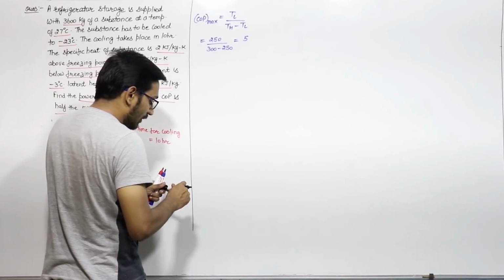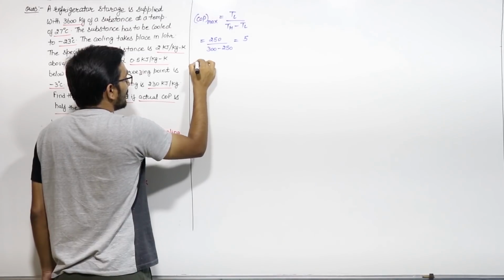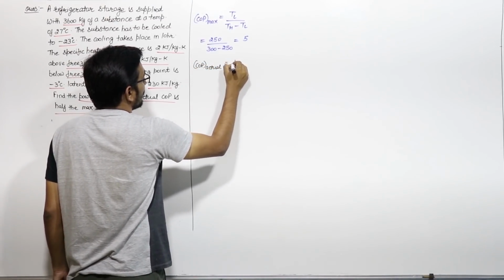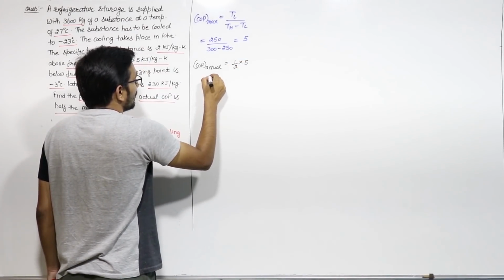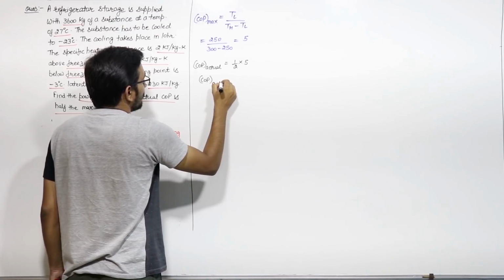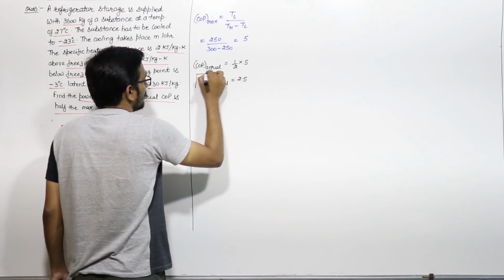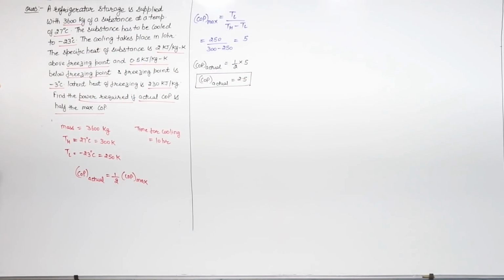So we can write that the actual COP of this cycle will be 1 by 2 of 5. So we can say that the actual COP will be equal to 2.5. This we know from the equation: actual is half of the maximum.